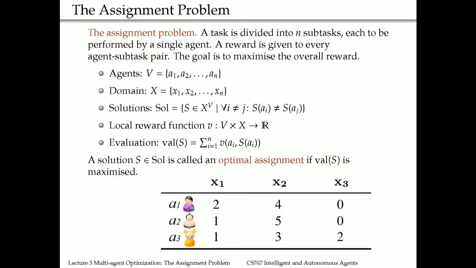Right? So all we have is this table as input, and we want to assign items to the agents. So assign A1, for example, X1, A2 X2, and A3 X3. Then you can see that in total we got a total evaluation value of 9, because 2 plus 5 plus 2.